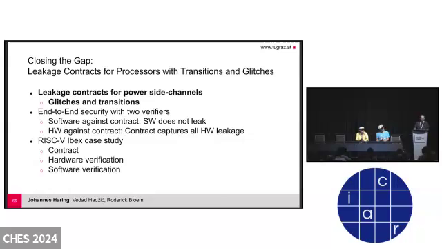Thank you. Yeah, so in our case, the developer of this contract is actually able to make a call on how detailed this leakage is going to be, because you could write a contract which very closely resembles what the hardware leaks itself, or you could write a contract which just leaks the entire register file.